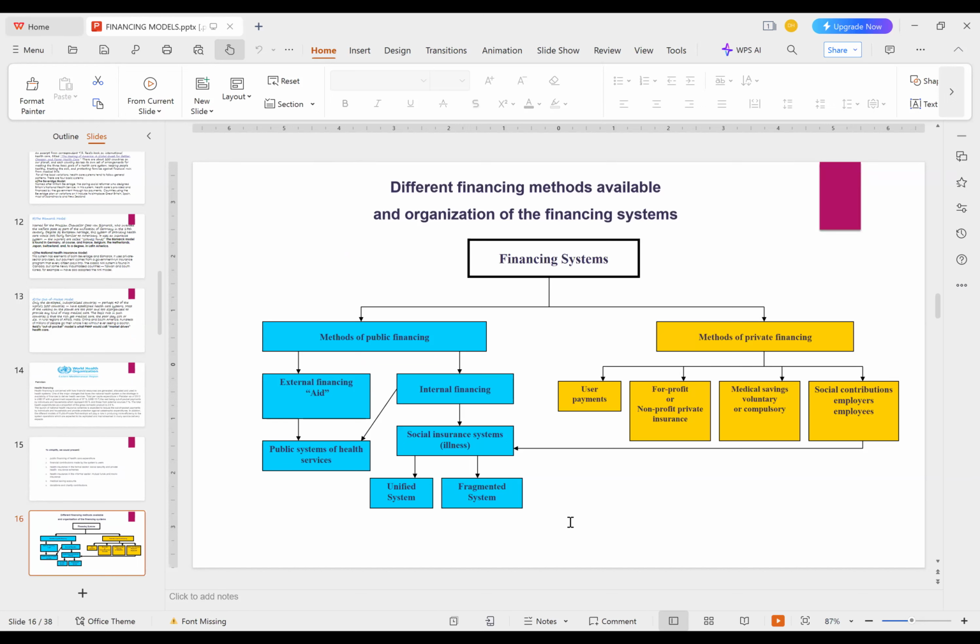Different financing methods are available, and the organization of the financing systems is defined by the Universal Health Coverage System. It's the financing systems, methods of public financing, and methods of private financing. Mostly fragmented systems or unified systems are devised in the public financing. In the private sector, user payments, for-profit or non-profit organizations, medical savings, voluntary or compulsory, and the social contribution by the employers and the employees.